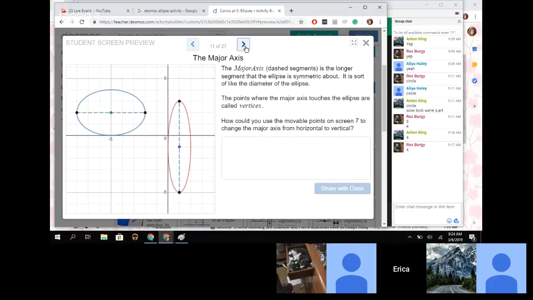This is what we started talking about on Monday, so it's good review. The major axis of an ellipse is basically: is this a horizontal ellipse or a vertical ellipse?